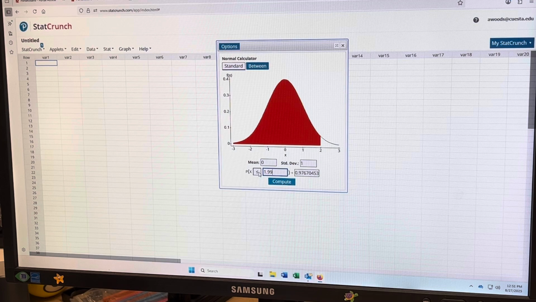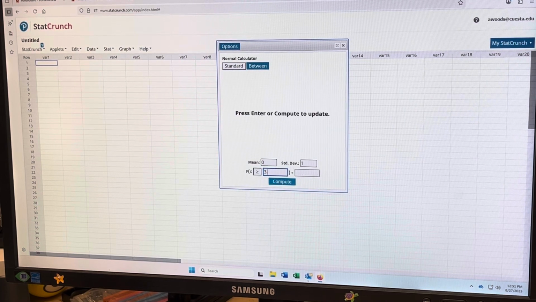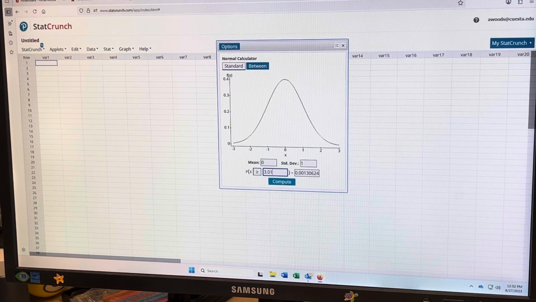So on Statcrunch we're going to have to change it to a greater than, and we're going to put in 3.01. This is all the way off of the graph on Statcrunch, but it's shaded way out here. The area that would be shaded if the graph went further out would be 0.0013. So we have an area of 0.0013. Okay.